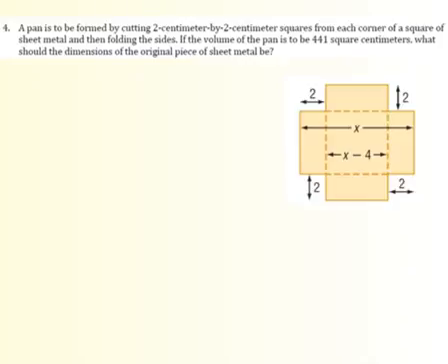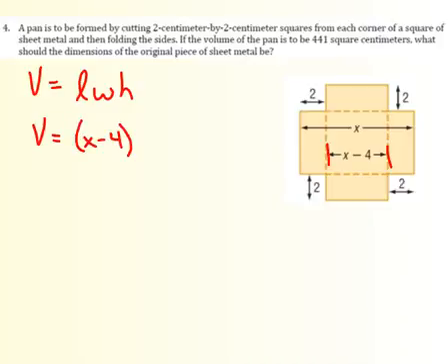Well, good news. I know volume is usually length times width times height. So the whole distance across is X. So I would have a length of X minus 4, because they took this X and subtracted this 2 here and this 2 here to get X minus 4.